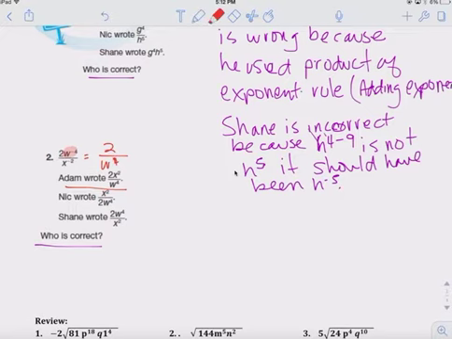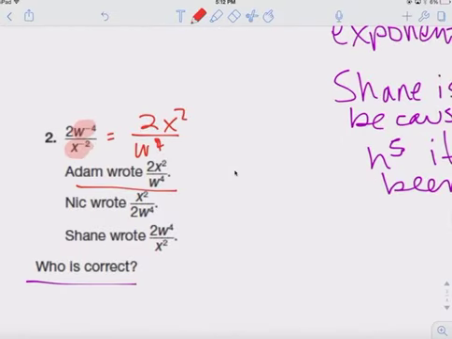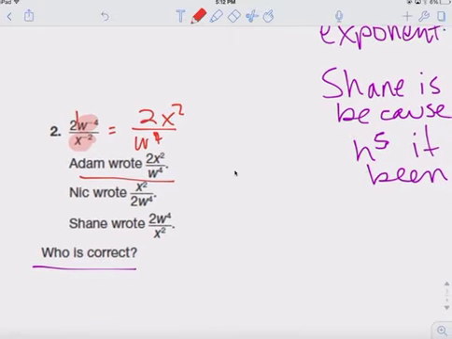And the other one is a negative exponent, so it goes up, x squared like that. So Adam is correct. Nick is incorrect because he moved the 2, and the 2 has a positive exponent. It should stay on top.